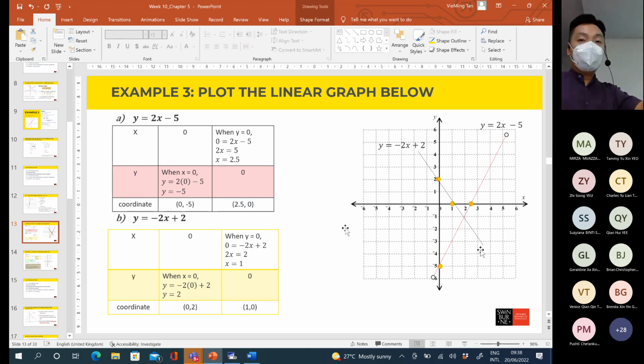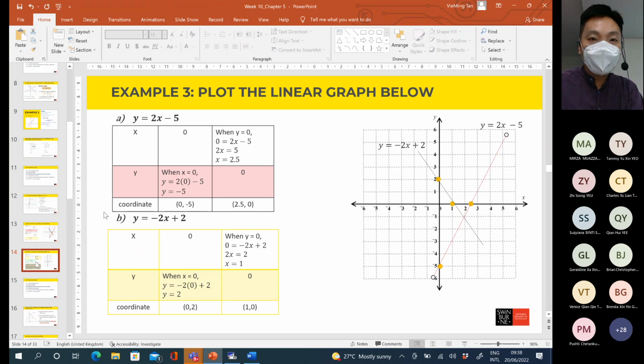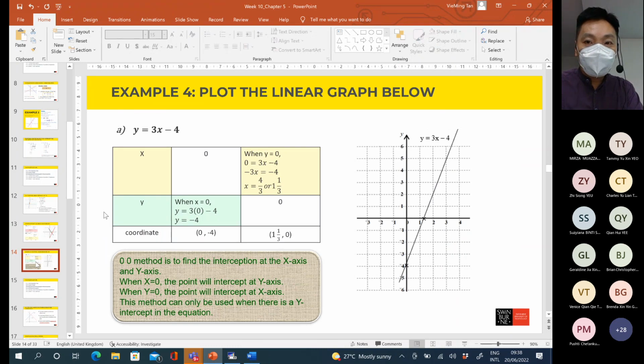But you need to have two points in order to draw the straight line for this equation. I think this one you can also study by yourself. This is an extra example.